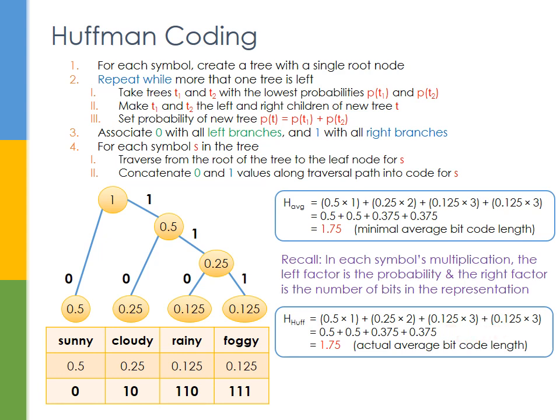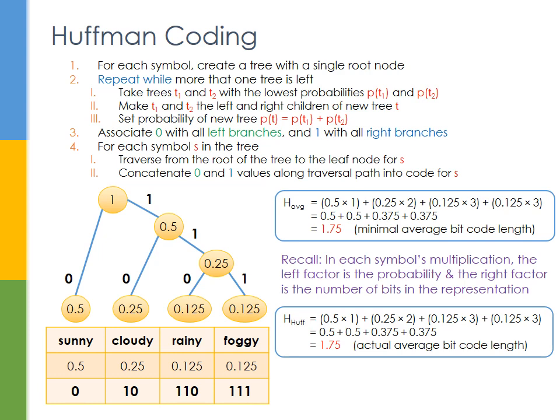So if we compute the result of this encoding, we achieve a value of 1.75, which is the actual average bit code length for the encoding that we've generated.